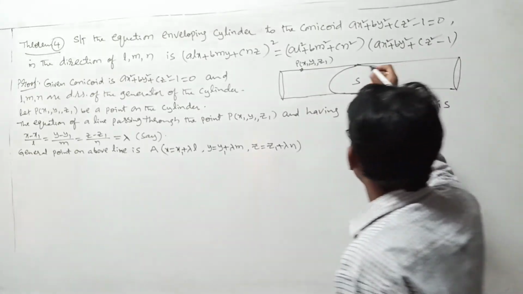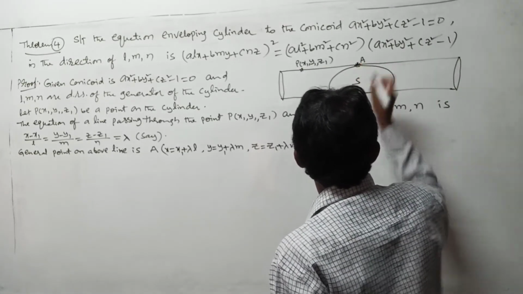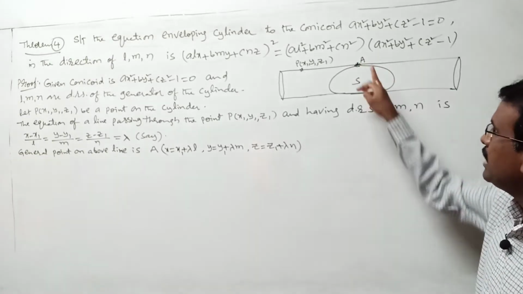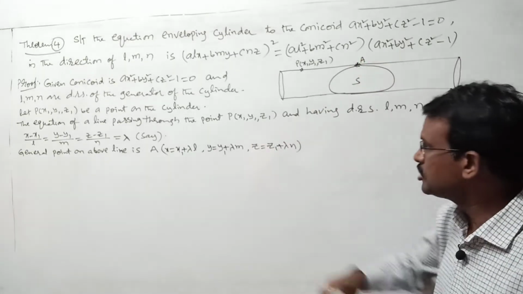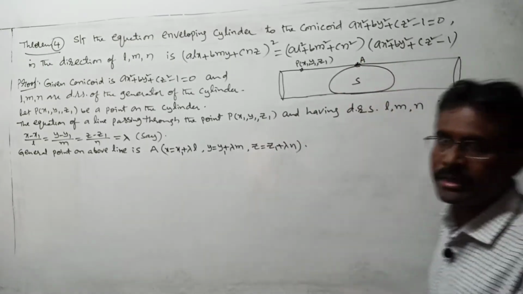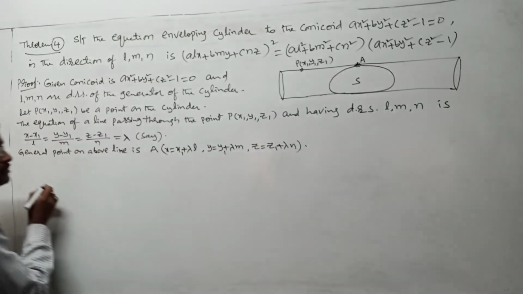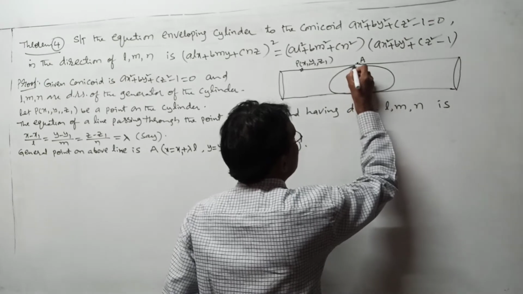Anywhere on the line, I want to fix it at the point of contact. Whether it is on the given conicoid or not, I want to take that A is a point on the given conicoid. I want to take the diagram on this.